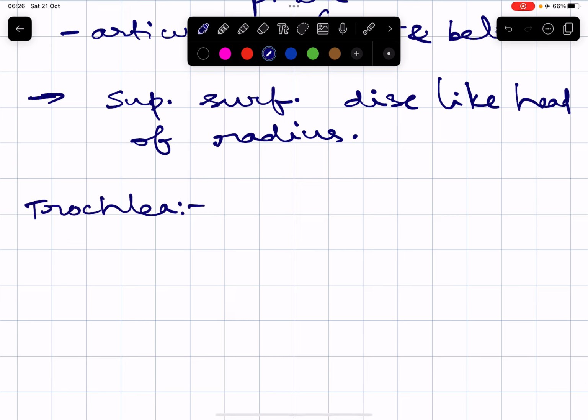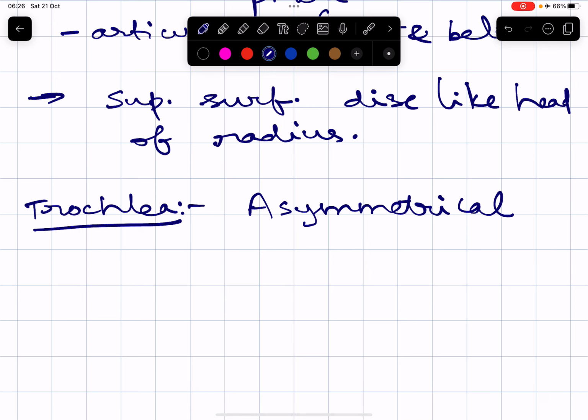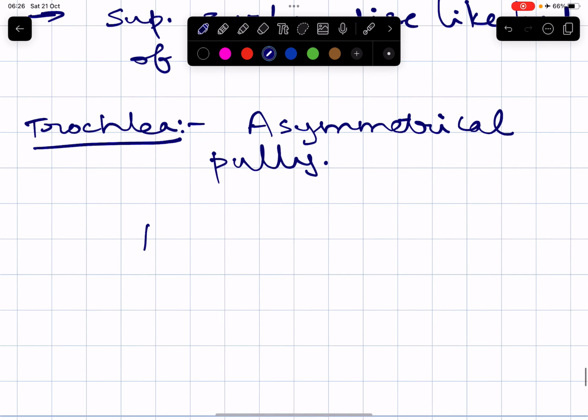Trochlea means it's like a pulley. It's a pulley-shaped structure. It is actually an asymmetrical pulley, shaped like this. So this is medial, this is lateral.